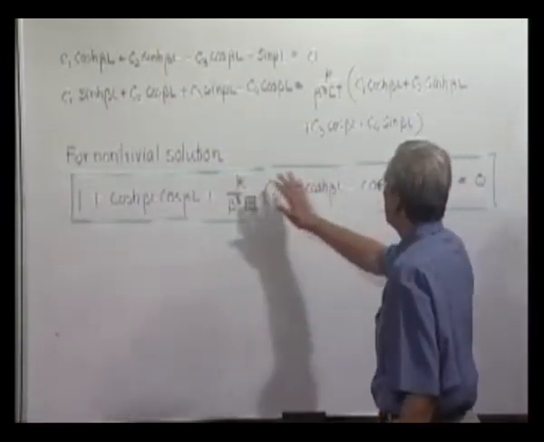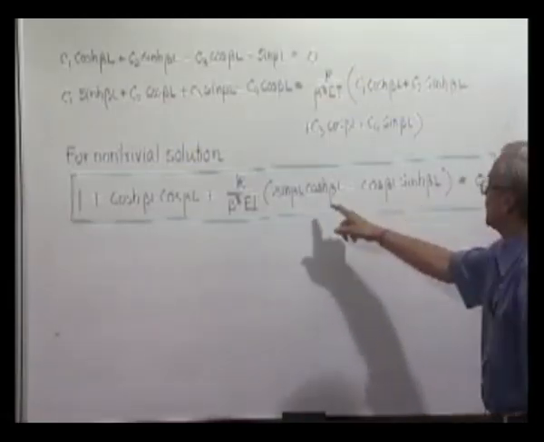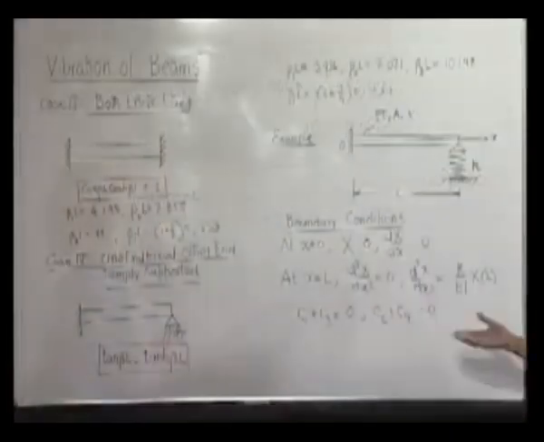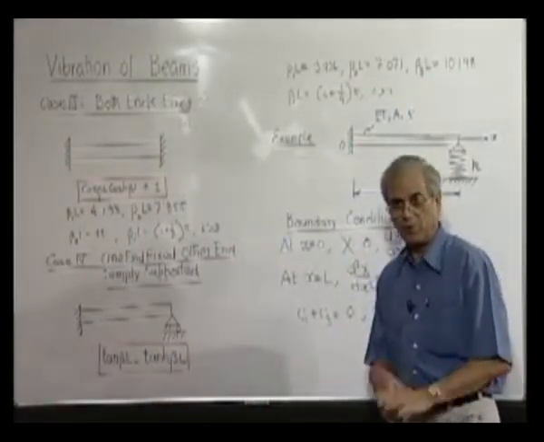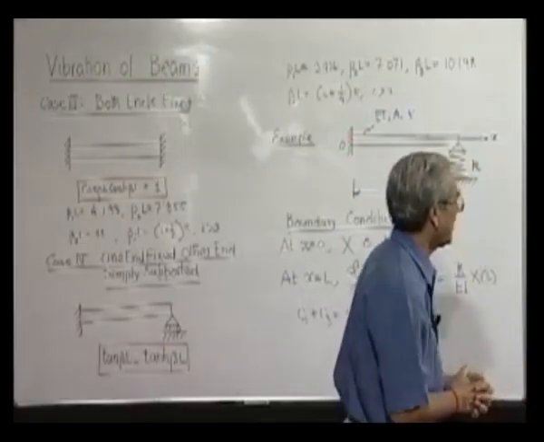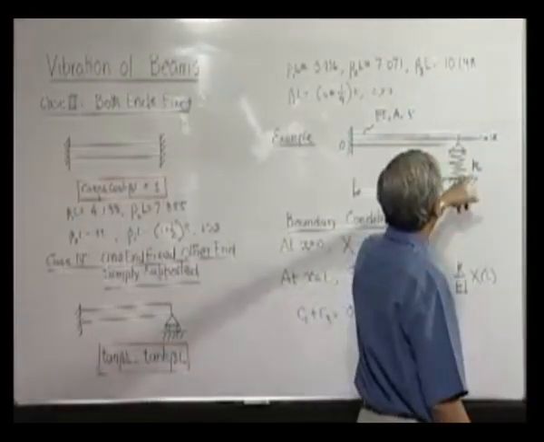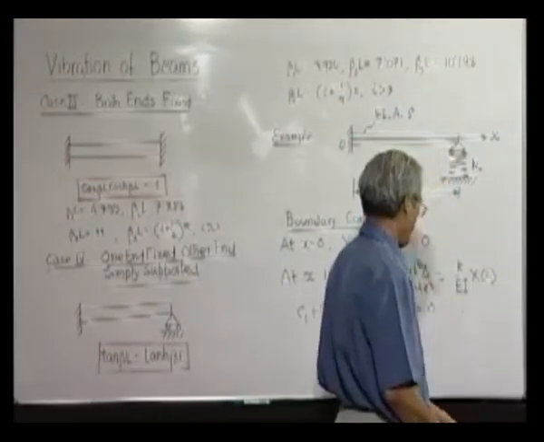Now this can be 0 only if sine beta L cosine hyperbolic beta L is equal to cosine beta L sine hyperbolic beta L, or tan beta L equal to tan hyperbolic beta L. That you can see is the case where one end is fixed and one end is simply supported. So you can see the limiting cases are being satisfied, but otherwise the solution will be possible only when k is given and all other numerical quantities are prescribed.